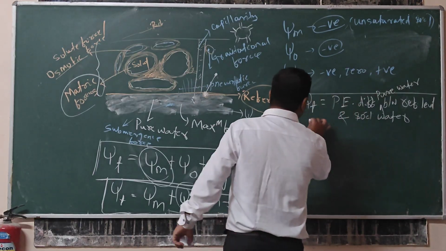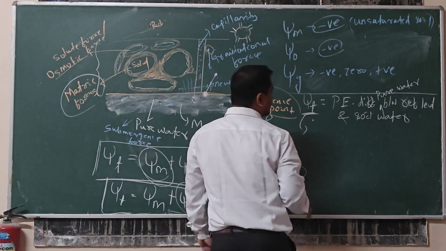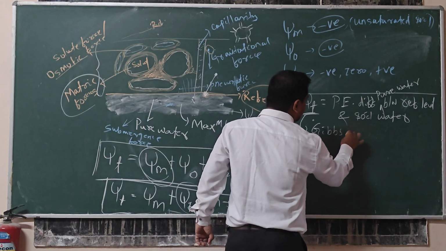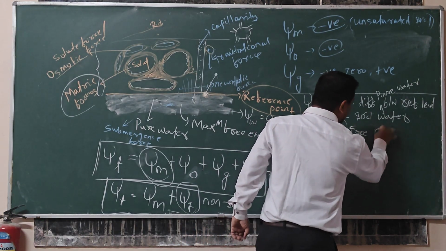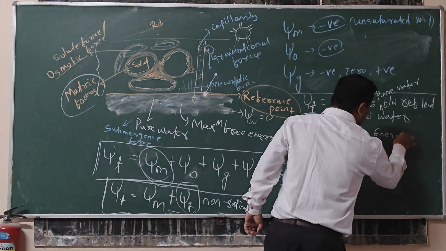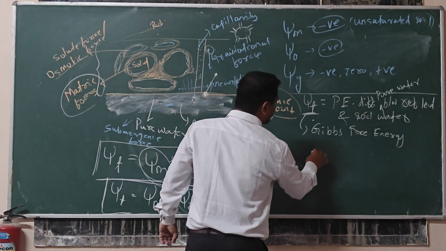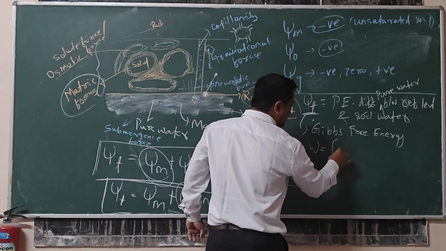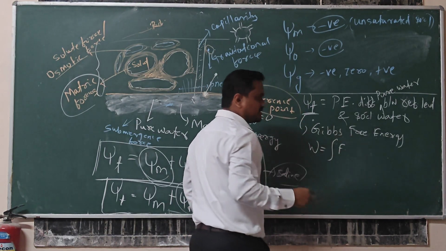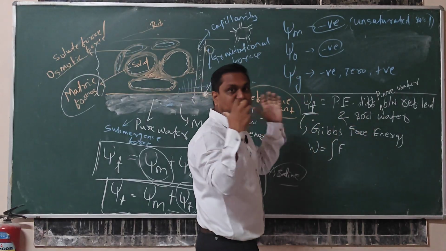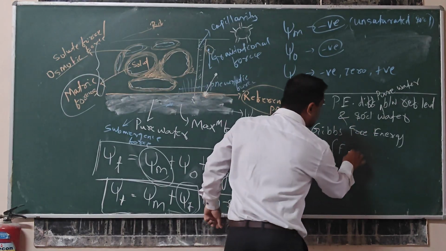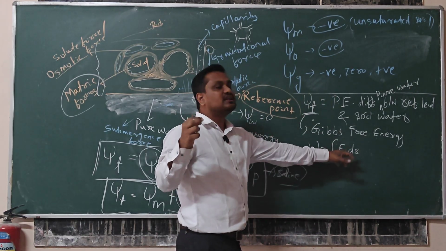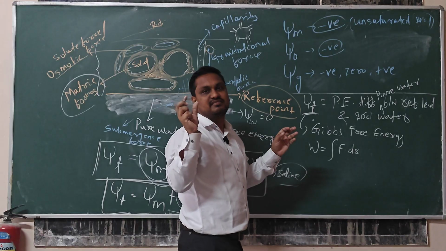Now, this total water potential term is actually given in the Gibbs free energy state, from thermodynamics. We can write the total amount of work done as a function of the different forces acting: the force against which the water is moved, and ds, because I have said an infinitesimal quantity of water travels an infinitesimal distance, meaning a very small distance, in soil.